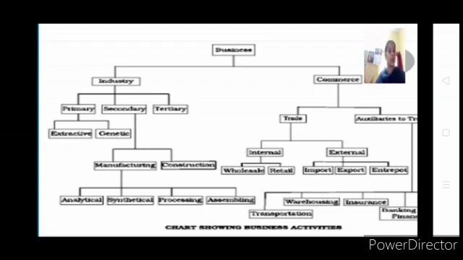If the production and selling of those goods are in the same country, we call it internal trade. What is trade? Buying and selling of goods. If it happens within the country, we call it internal trade. If it happens between two countries, we call it external trade.